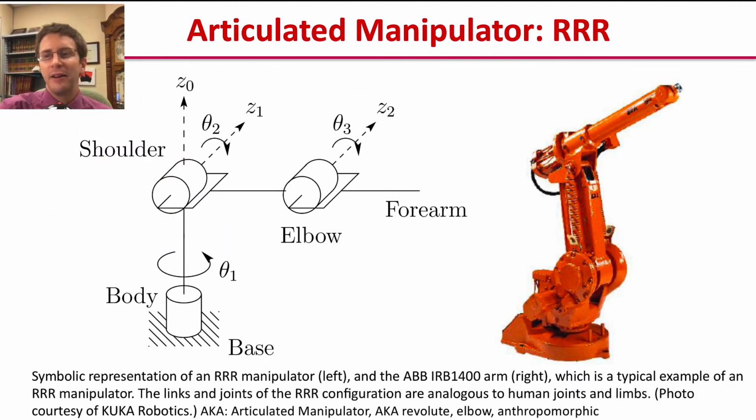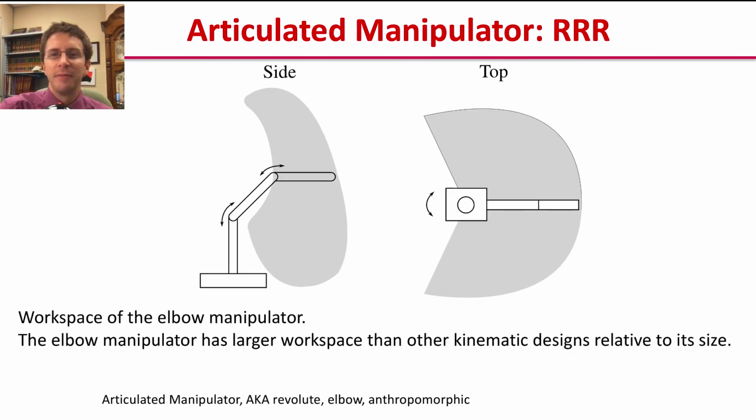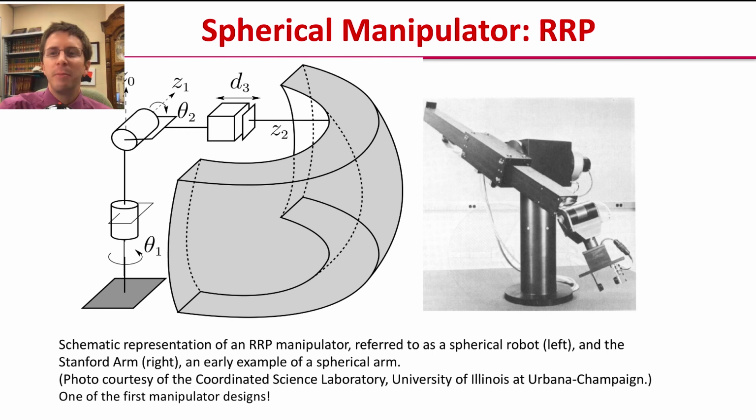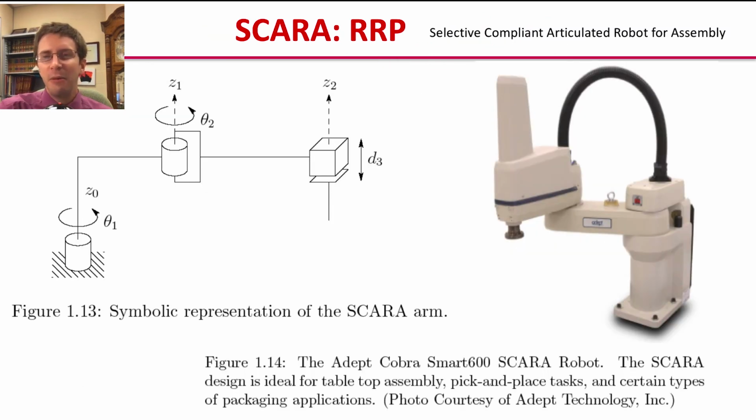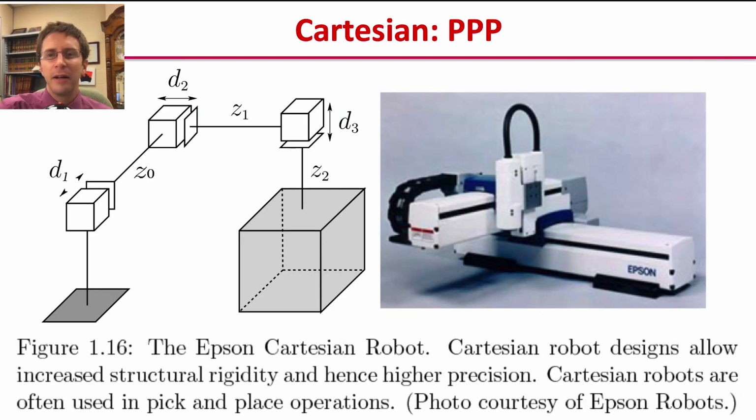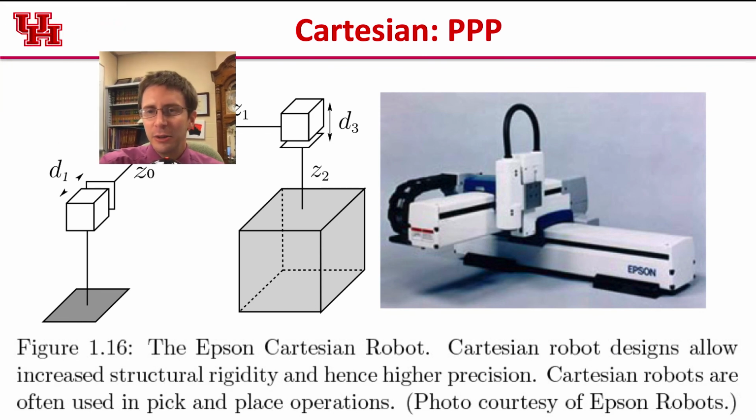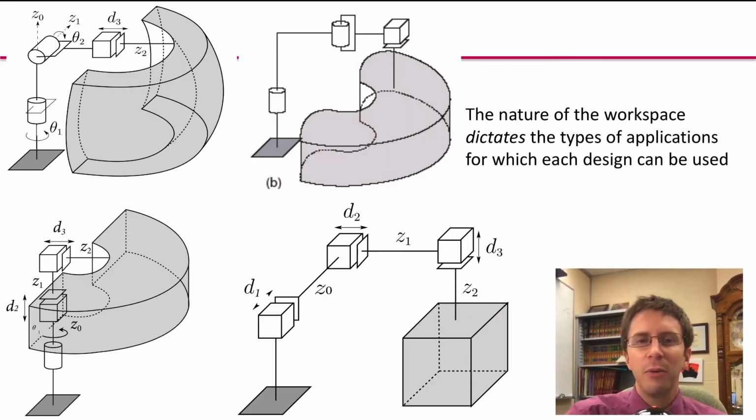In class, we'll act out the different robots. This is our articulated manipulator and its workspace, the spherical manipulator and its workspace, the SCARA robot, the cylindrical robot, and finally the Cartesian robot. And so they all have different workspaces. You pick your robot type based on the kind of applications you want to work with.